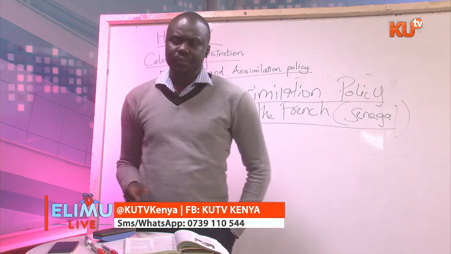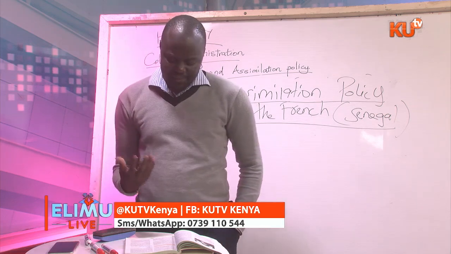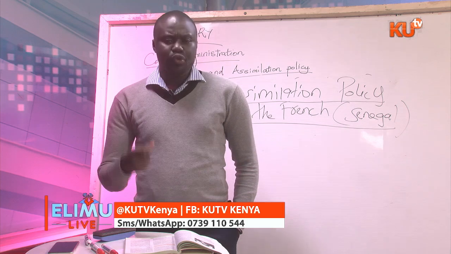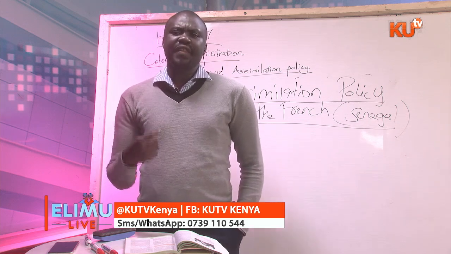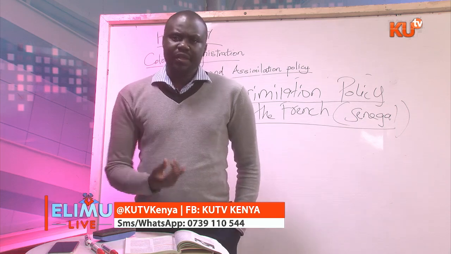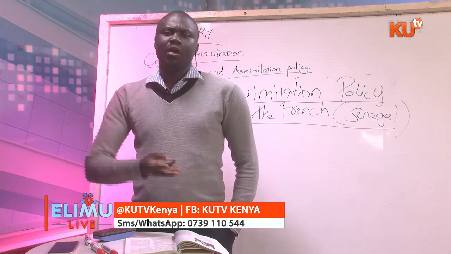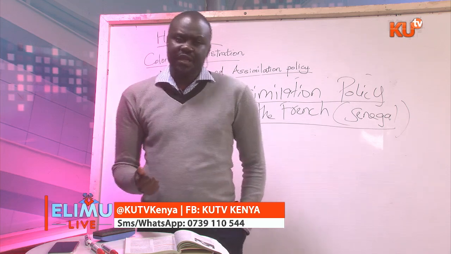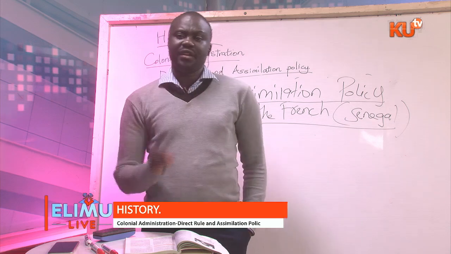What is assimilation? It comes from the Latin or French word assimil, which means to cause to resemble. That is, they wanted to cause Africans to resemble them, to speak French, go to Catholic church like the French, cook like the French, walk like the French. By the way, French cuisine is a very nice cuisine, and it is men who dominate the kitchen.